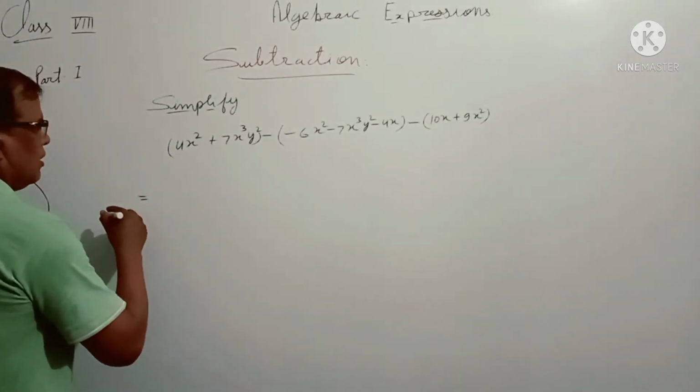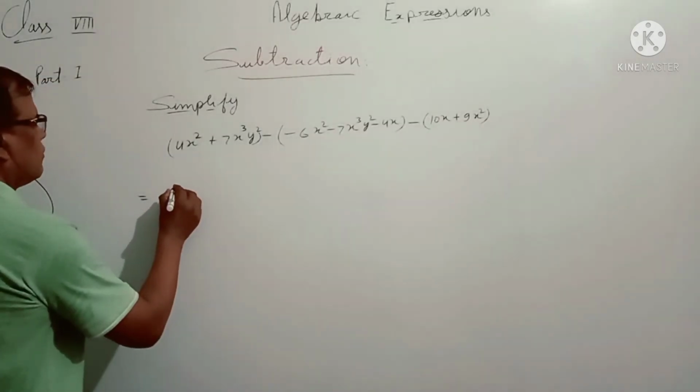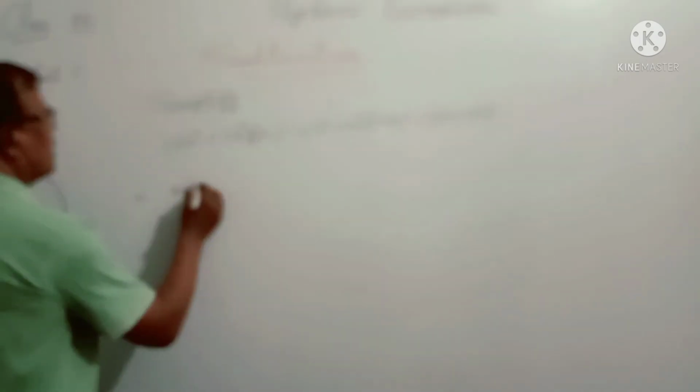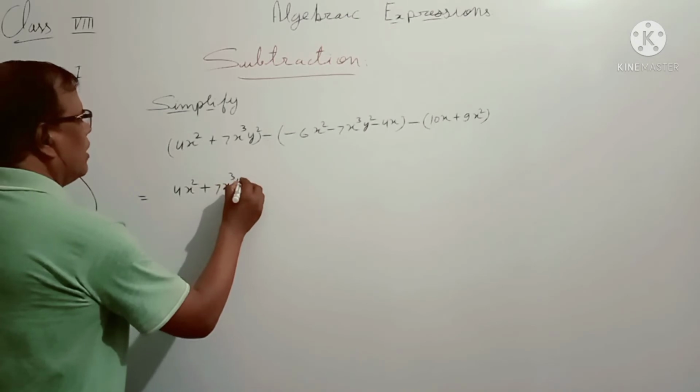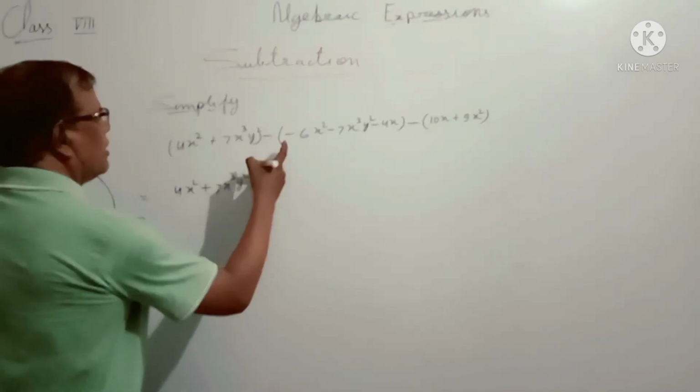Now we solve it as 4x square plus 7x cube y square minus.